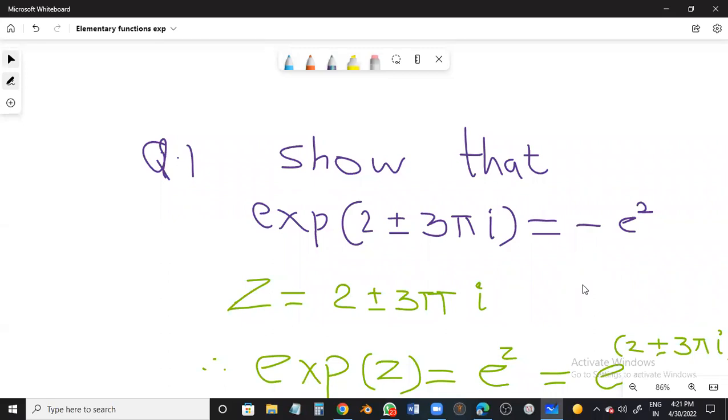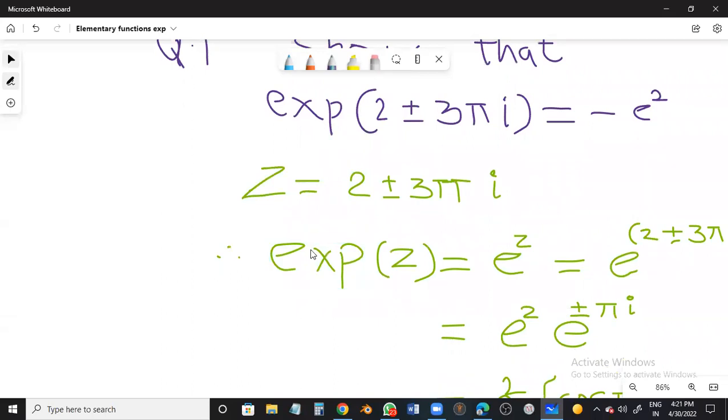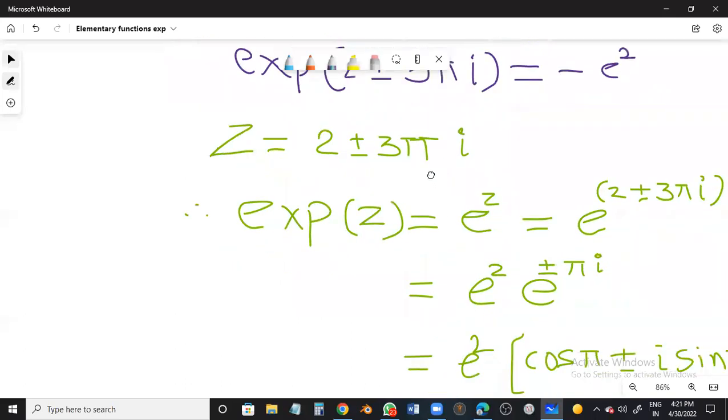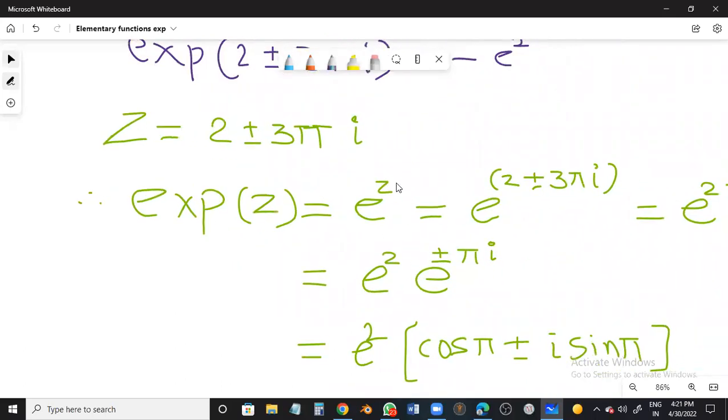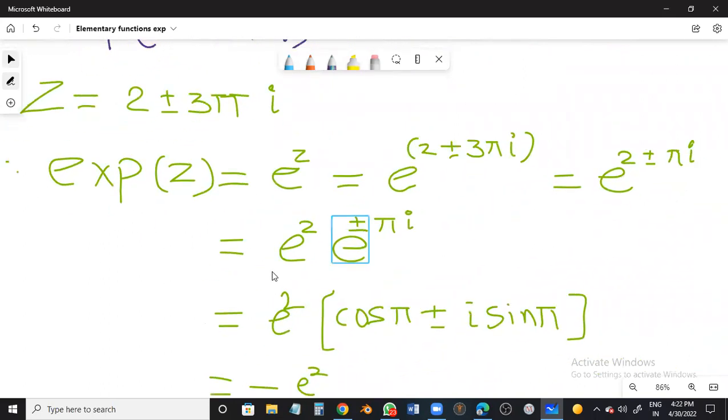First we will show that exponential of 2 plus minus 3 pi i is nothing but minus e square. What do you observe here? z is equal to 2 plus minus 3 pi i. We find its exponential, meaning we raise e to the power of it. By laws of indices, it has to be e square into e raised to plus minus, actually it was 3 pi i, but because the period is 2 pi i, it comes down to plus minus pi i.